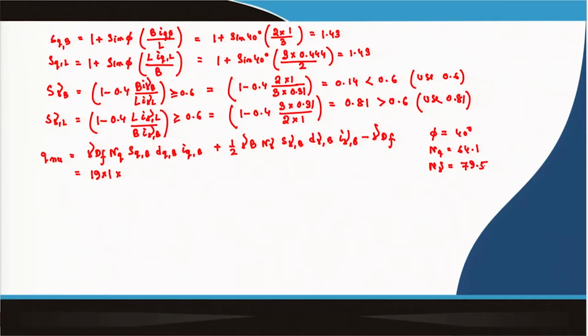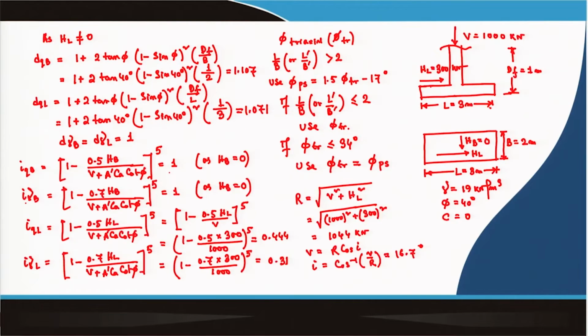So N_q is 64.1, then S_qB is 1.43, then D_qB is 1.107.